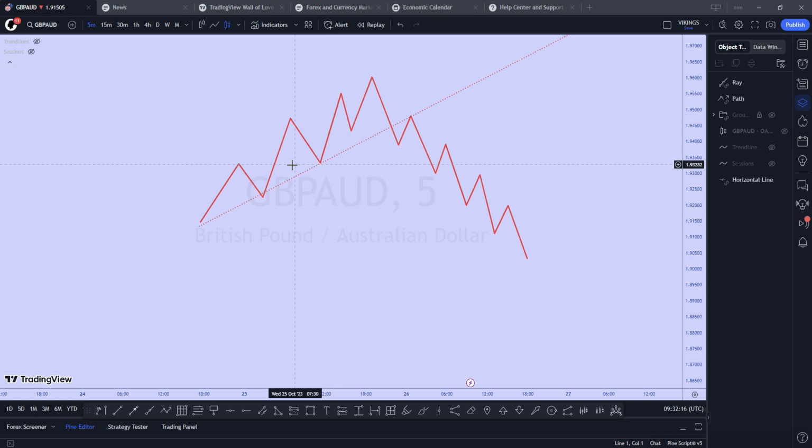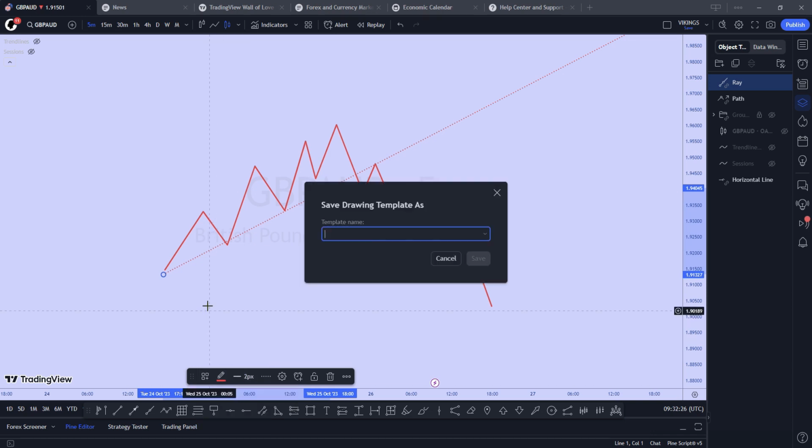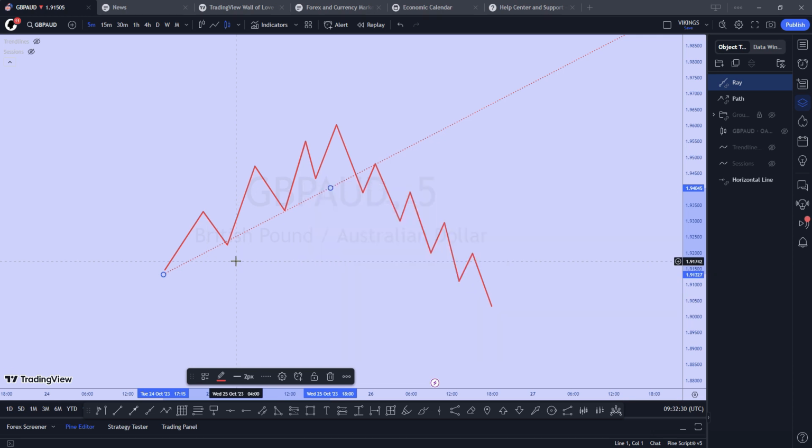And the market isn't always perfect like this. That's what my mentor showed me. He told me the market isn't always perfect like this. He says the market is not always perfect this way. So this should be your main trend.